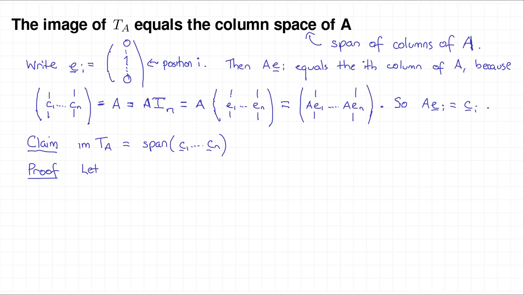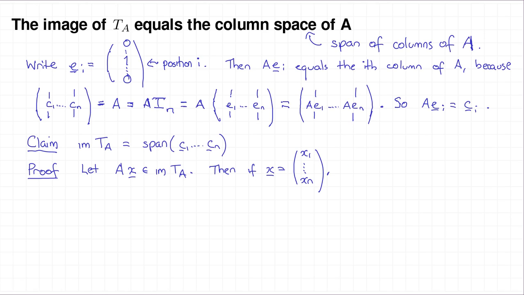Let's take an element in the image of TA. Well, something in the image of TA looks like a vector multiplied by A. We're going to give names to the entries of x: x1 up to xn.